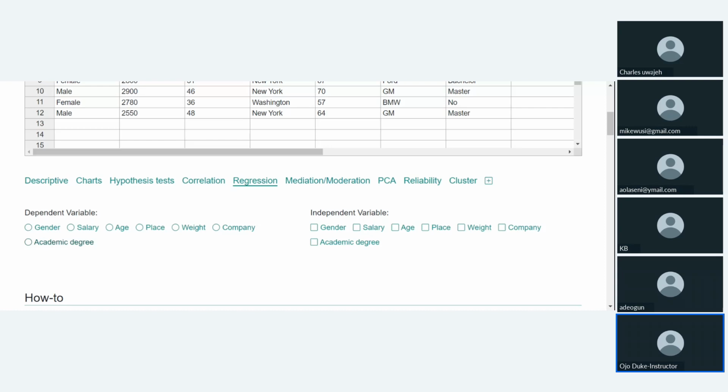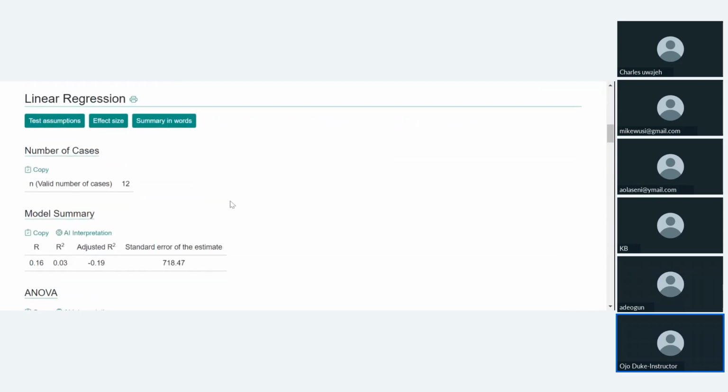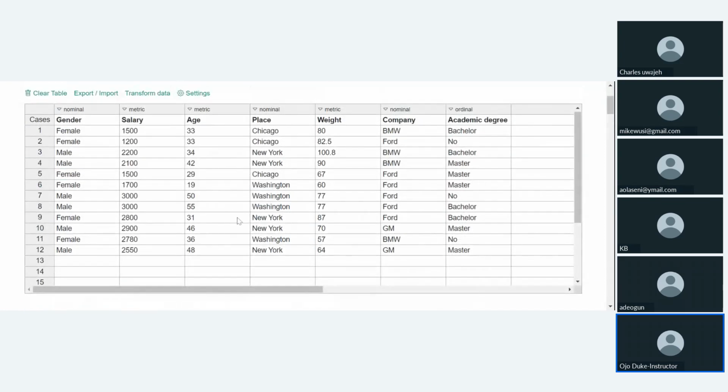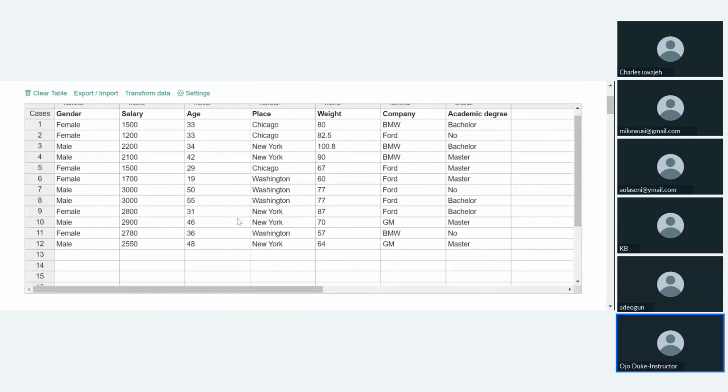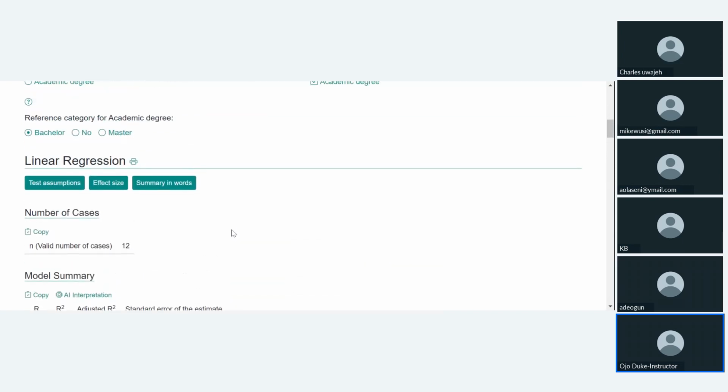Let's say salary is the dependent variable, and then the independent variable is your degree. Let's see if that will compare very well.